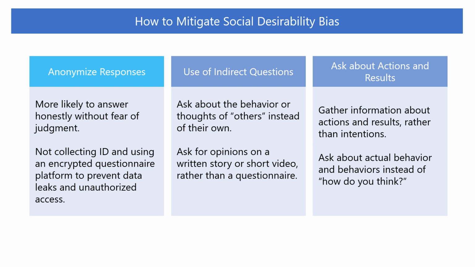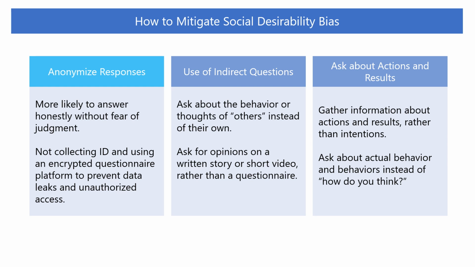If respondents know that their identities will not be revealed, they are more likely to answer honestly, without fear of judgment, and this can reduce the social desirability bias. Specifically, anonymity is ensured by not collecting information that could identify individuals and using an encrypted questionnaire platform to prevent data leaks and unauthorized access.